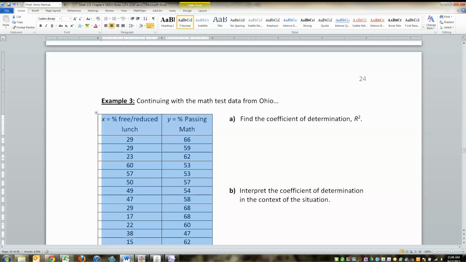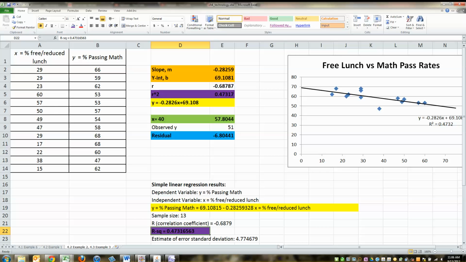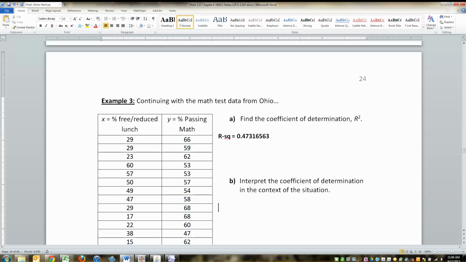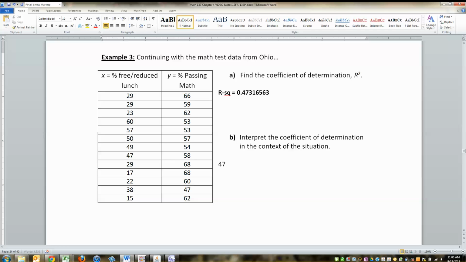Alrighty, so what was it? Oops, I better write it down. R squared is 0.473. There we go. Now what does that mean? Well, 47.31% of the variability in math test passing rates from school to school is explained by the linear regression model.